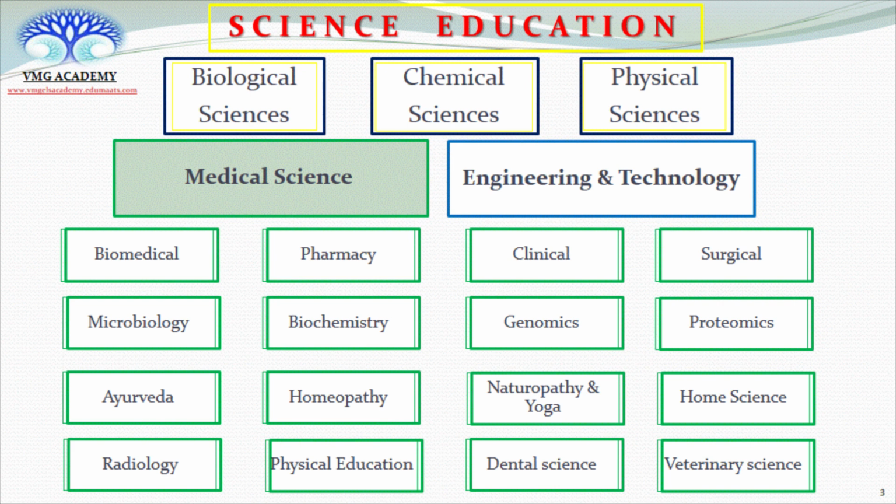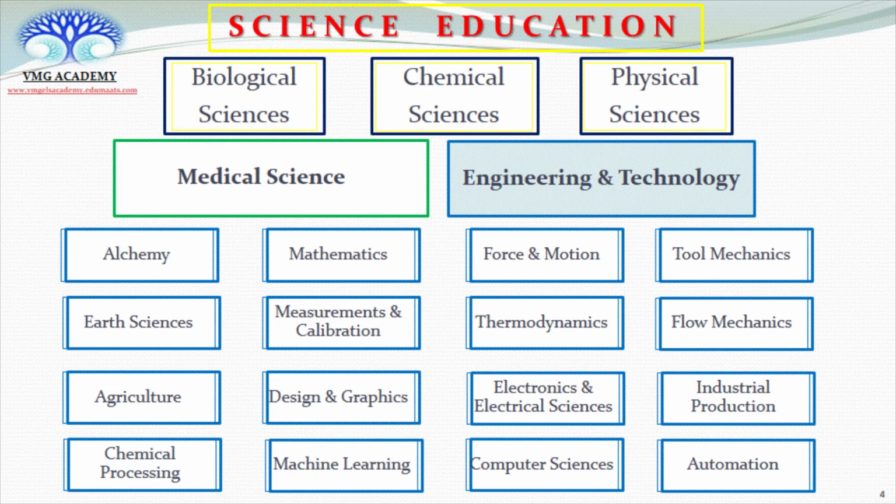The two broad application-oriented areas of science education that I just mentioned, medical sciences and engineering and technology, can be further divided into different areas of study, or we may call them sub-disciplines. Like in medical sciences, we have microbiology, biochemistry, pharmaceutical sciences, radiology, physical education, home sciences, dental sciences, clinical sciences, and so on.